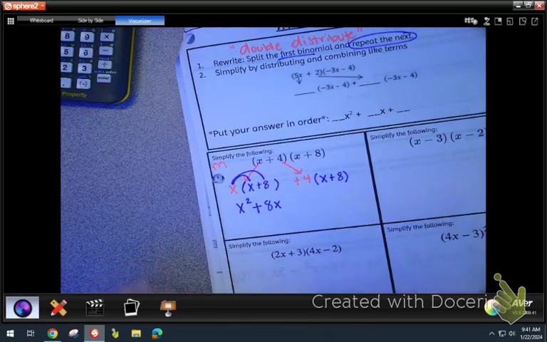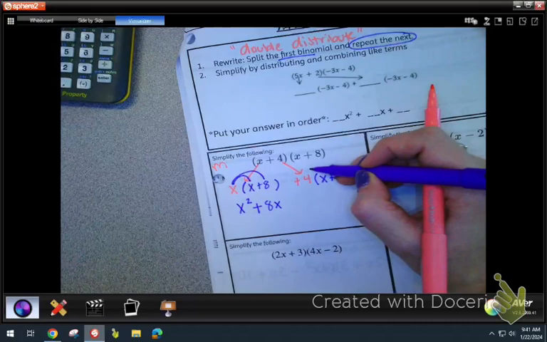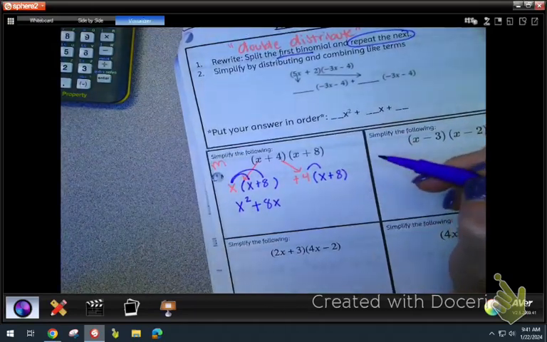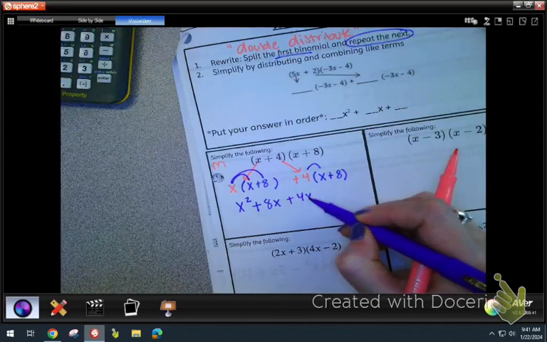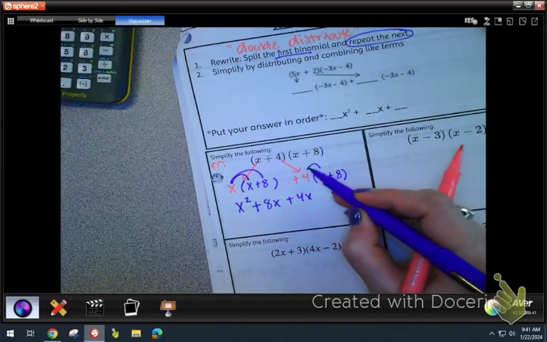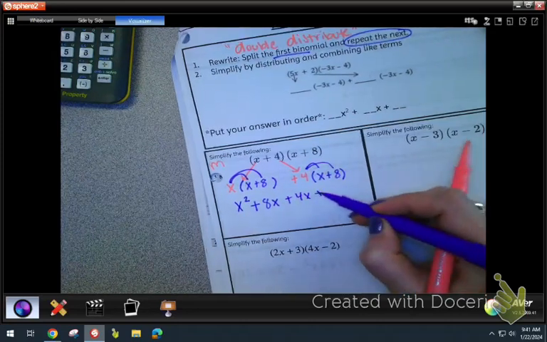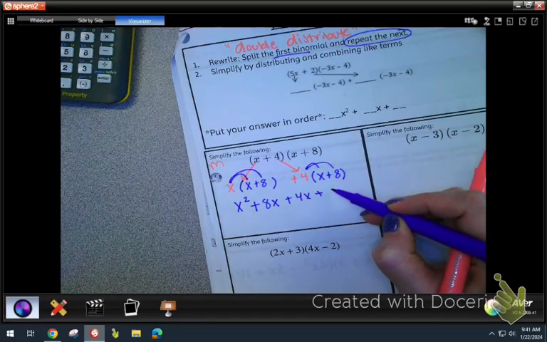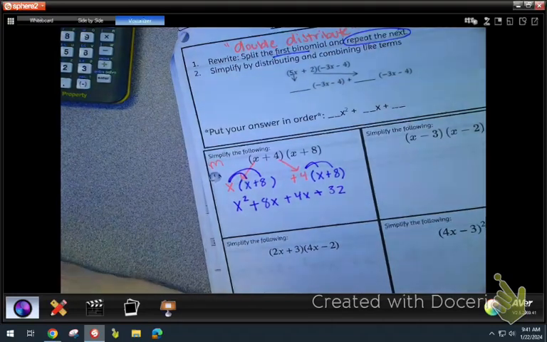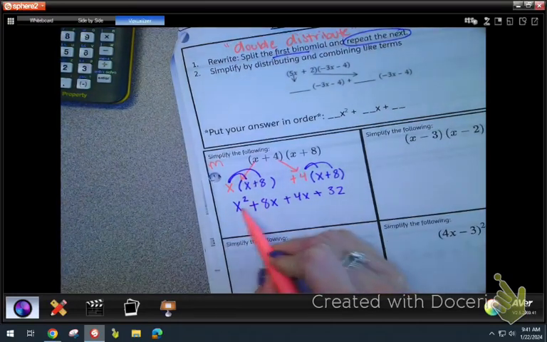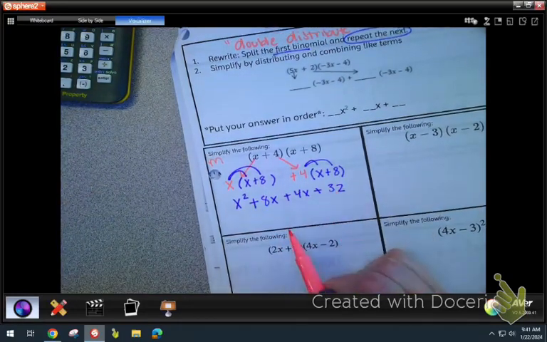All right, now I'm distributing a positive 4. Daniel? 4 times x is? Positive 4x, so I have to put the sign. 4 times 8, Ethan? 32. Very good. So how many multiplications did I just do? 1, 2, 3, 4.